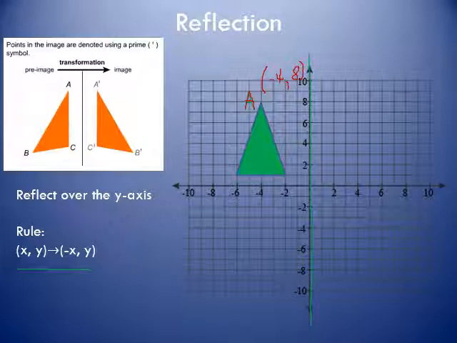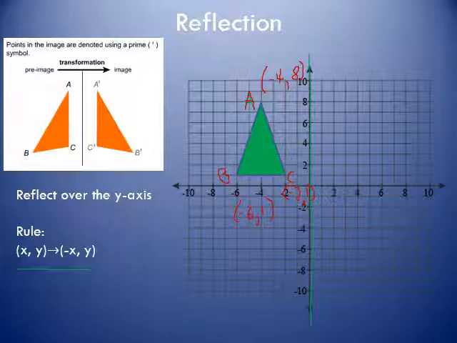And then I'm going to call this one B, and its coordinate is -6, 1. And this one is going to be C, and its coordinate is -2, 1. So it's easiest if you start off with writing the coordinates for all the vertices.